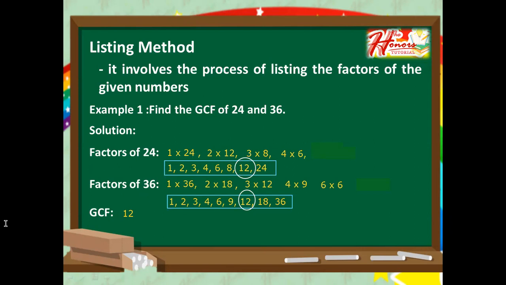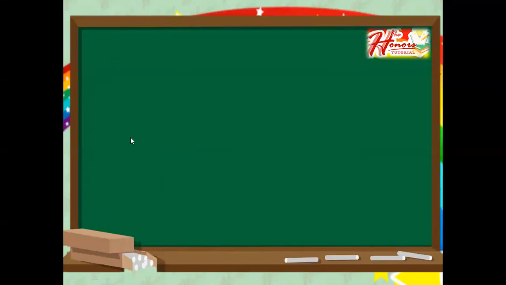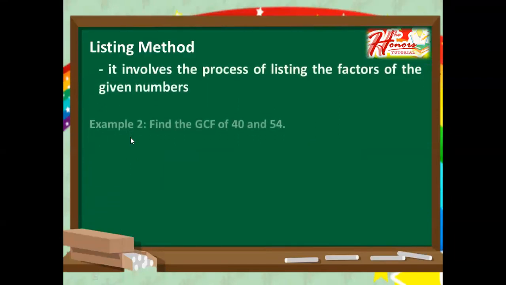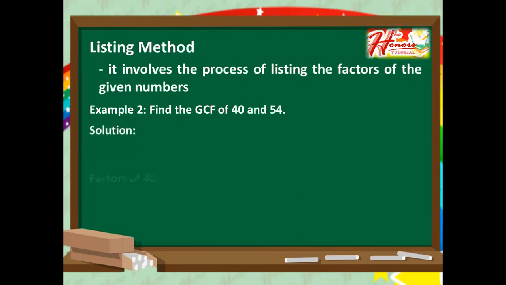Let's have another example, the listing method again. So we have here 40 and 54. We have to write the factors of 40 and 54. Let's start with 1.